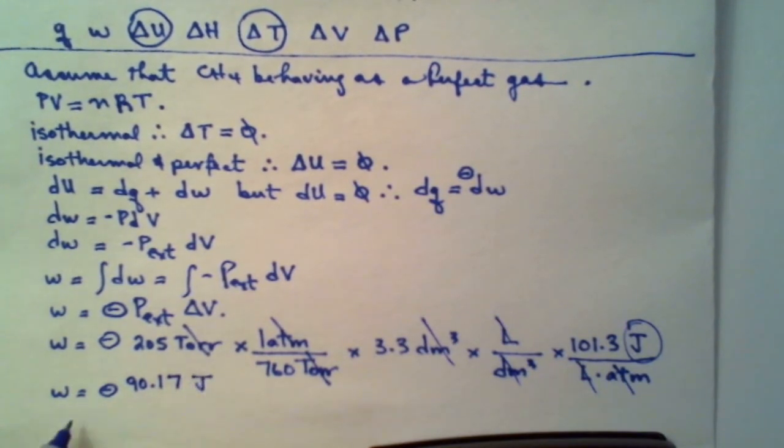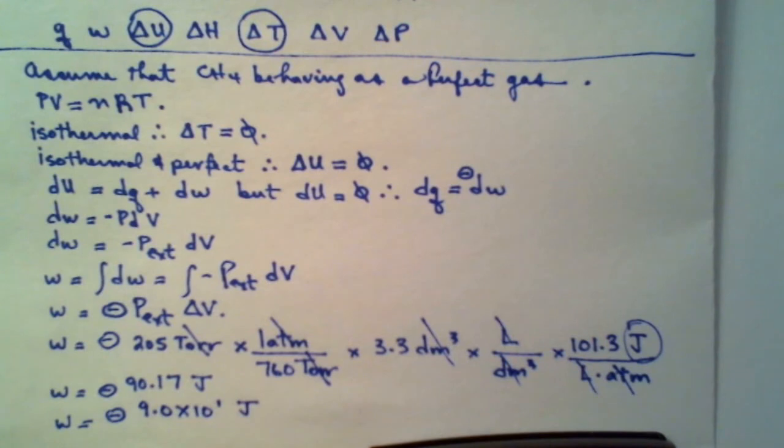And that's in joules. The number of significant figures here should be 2, and so work is equal to a negative. Now how are you going to represent it? It's just 90. You could put 90 with a decimal point, and that would keep the two figures significant, or I can just say 9.0 times 10 to the 1.